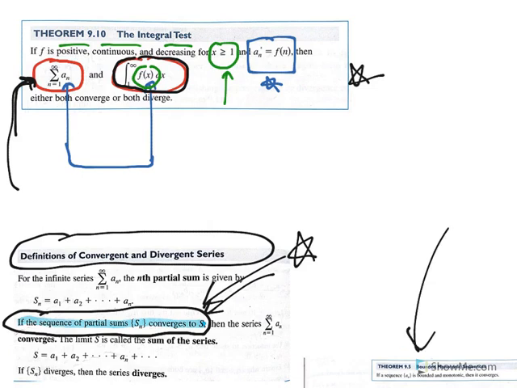We actually rely on something that we learned in section 9.1, that if a sequence is bounded and monotonic, then it converges. So in the proof of the integral test, we're making the argument that the sequence of partial sums is both bounded and monotonic, and therefore the sequence of partial sums must converge by theorem 9.5. And if the sequence of partial sums converges, then by definition the series converges. That's basically how the proof is done.